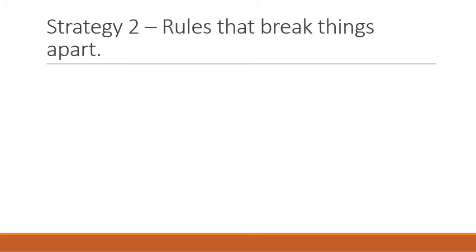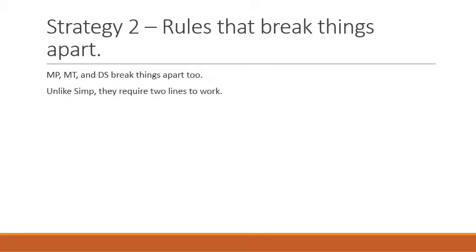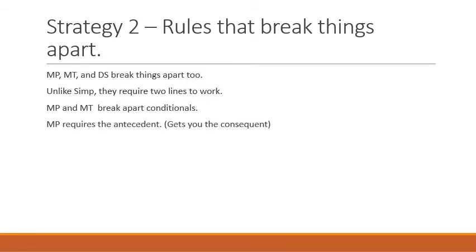Okay, so there are some other rules that break things apart. Modus ponens, modus tollens, and destructive syllogism break things apart, but they all require two lines to work. So you need the disjunction or the conditional, but you also need some other piece in order to do the breaking apart. Modus ponens and modus tollens are the rules that break apart conditionals. Modus ponens requires the antecedent of the conditional, and it gets you the consequent.